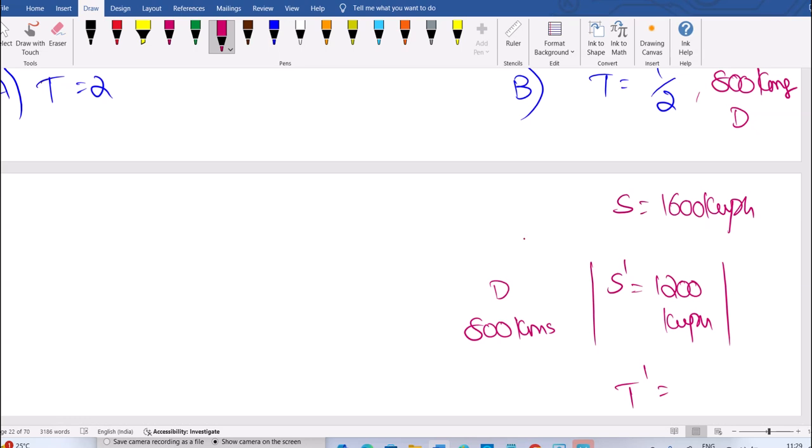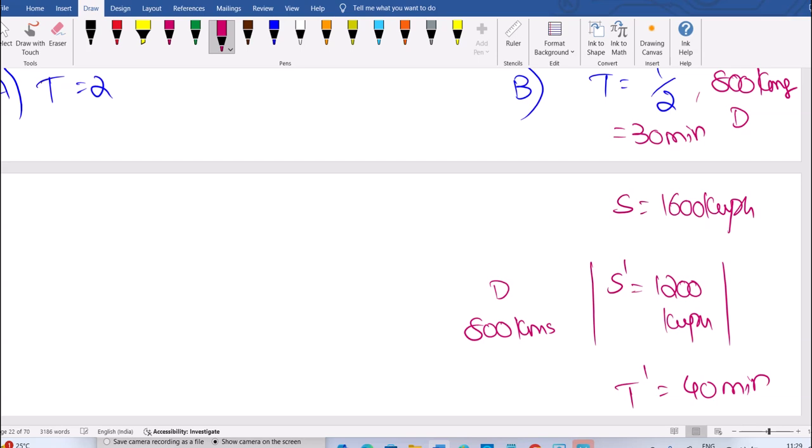Distance by speed, 800 divided by 1200, which is 2 by 3 of an hour, which is nothing but 40 minutes. Originally half an hour, 30 minutes, now 40 minutes. How much did the duration increase? 10 minutes. But in the question they said 30 minutes. Okay, option B failed, sir.